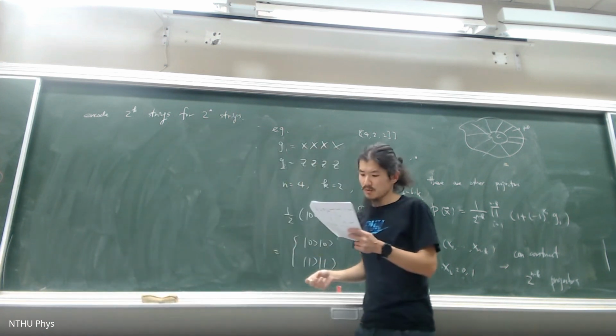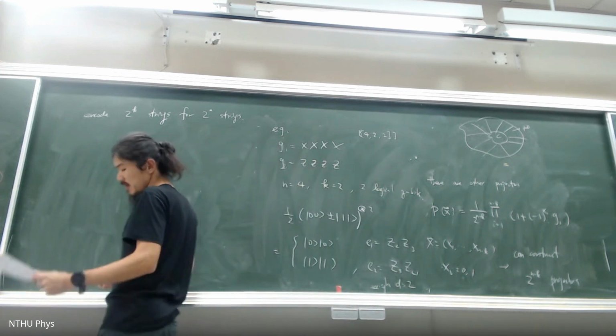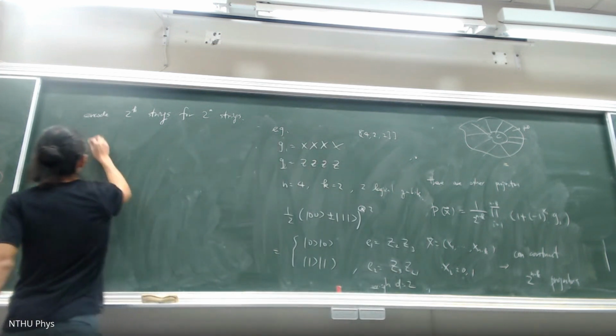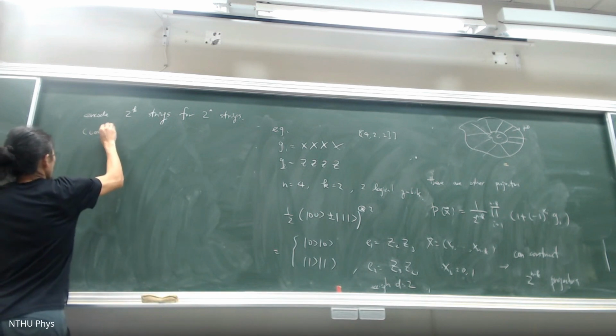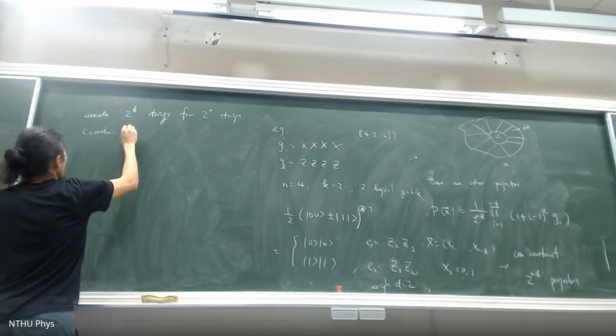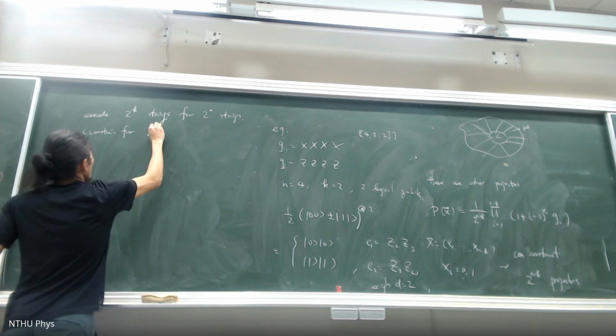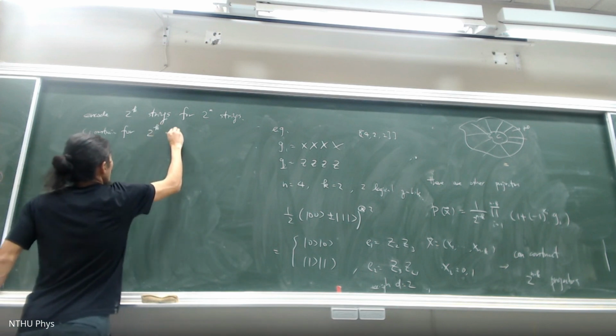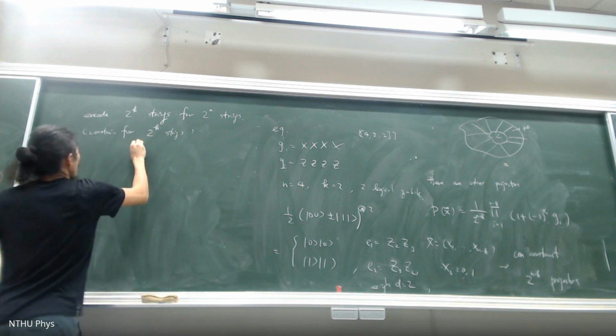So when we say this, it means there's a constraint on the strings, and they are called code words.